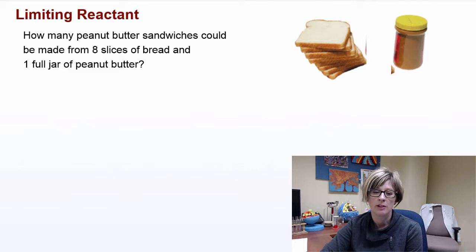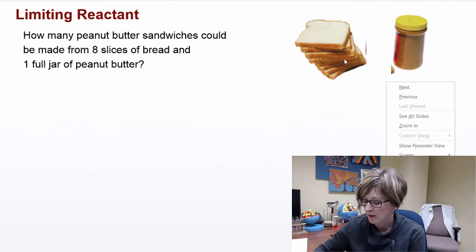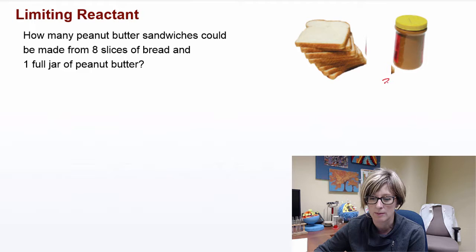So I've got a question here. How many peanut butter sandwiches could be made from 8 slices of bread and 1 full jar of peanut butter? So I've got the 8 pieces of bread here and the 1 full jar of peanut butter. Let's just say in 1 full jar of peanut butter there's 30 tablespoons.